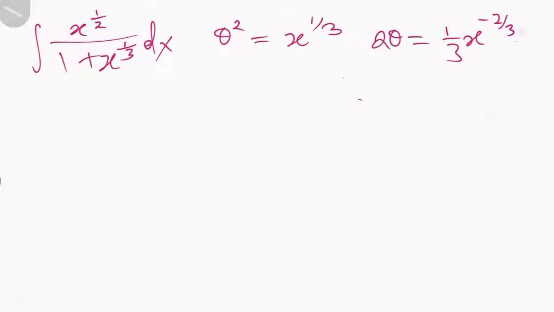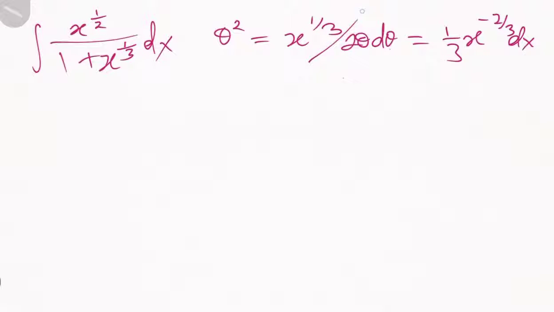And dx. We didn't put the theta there. All right, so we have 2 theta d theta. Let me rule a line there to differentiate.